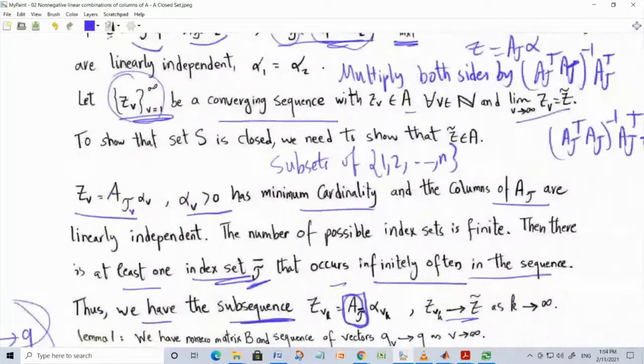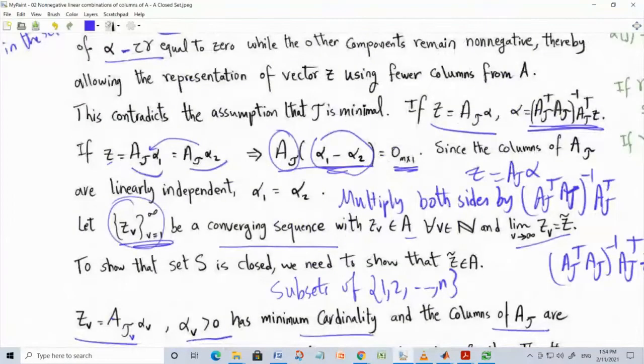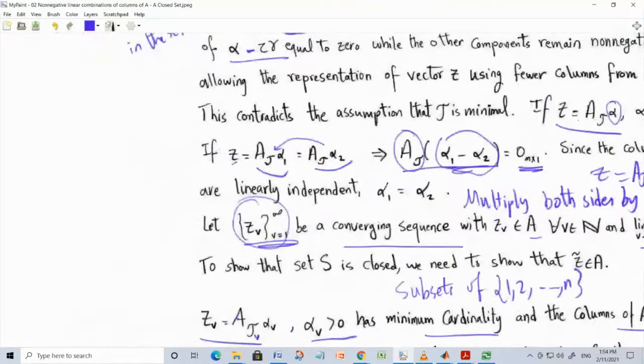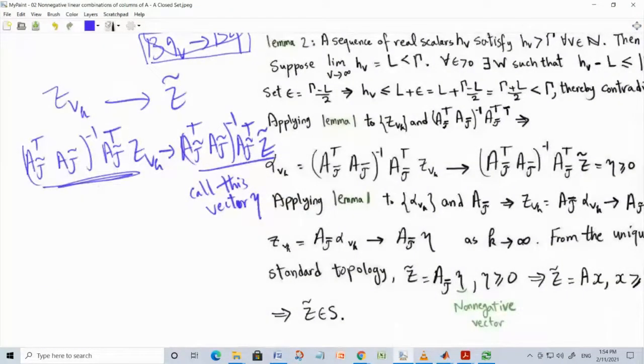So if we go to the representation of Z. Okay, so we show that Z can be expressed as a strictly positive combination of a certain selection of linearly independent columns in matrix A, and this positive vector can be written as this matrix multiplied by Z. Okay, so basically this quantity here is alpha Vk, and those are vectors that are strictly positive and they converge to eta.